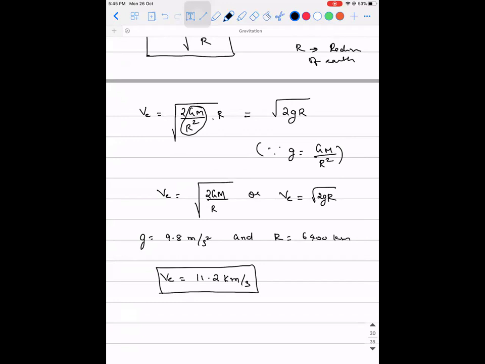So when you project an object with a velocity of 11.2 kilometer per second from the surface of Earth, it will never come back. In a similar way, for different planets, it will change because the value of g will change.